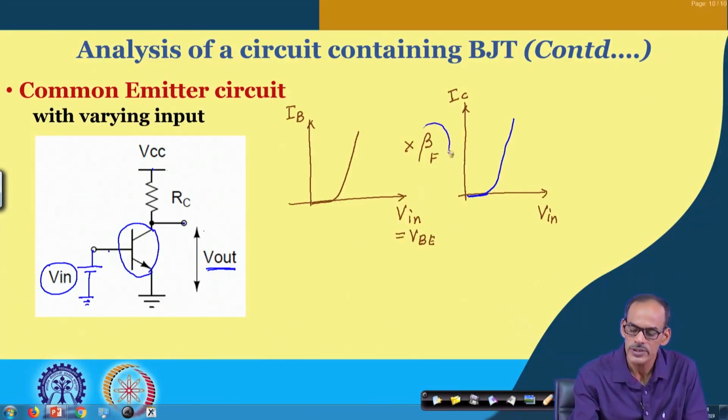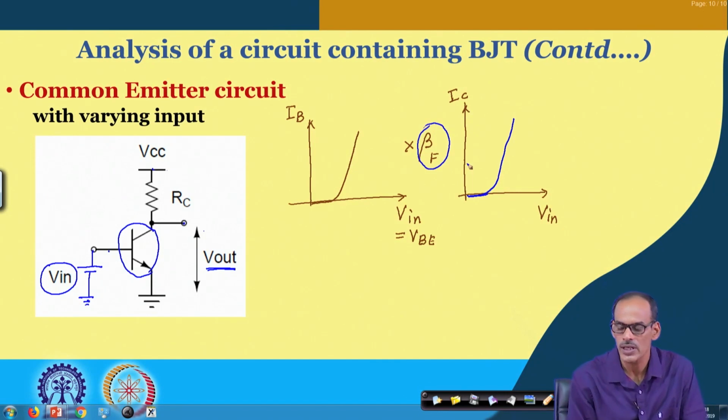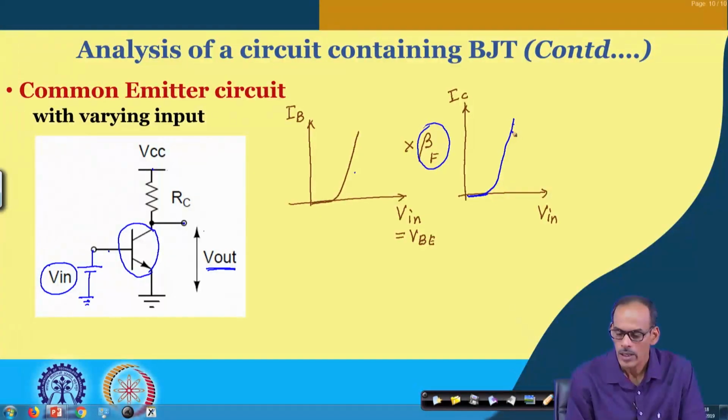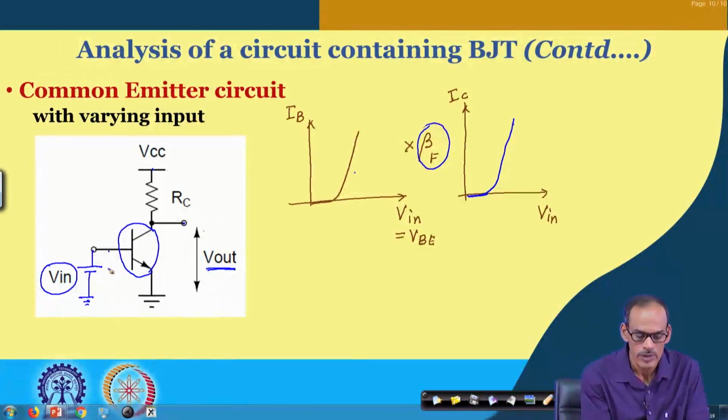Based on the scaling factor, the scale here will be different, but the nature here and this one will be essentially the same. So, based on this condition we are getting the corresponding collector current.